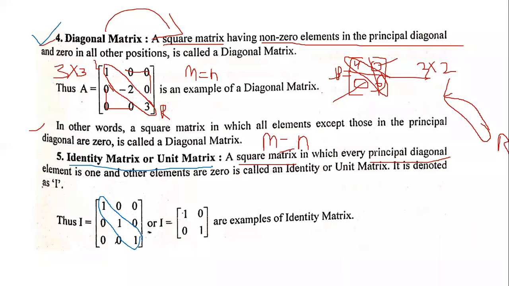It is specifically denoted by capital I. So if you see, this is a 3 by 3 matrix where the principal diagonal is 1.